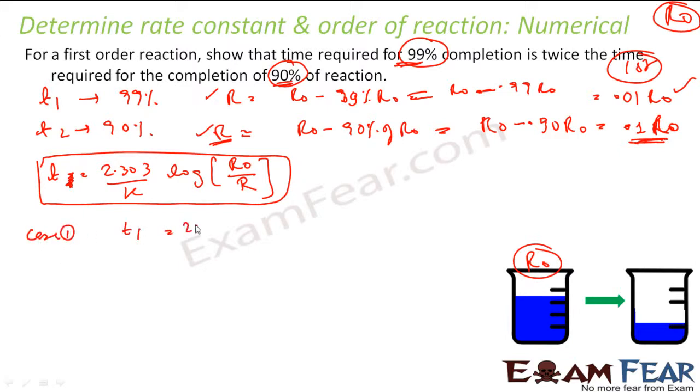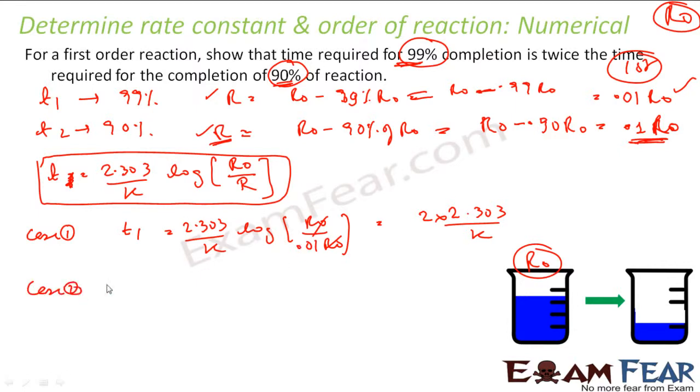T is T1, 2.303 by K, K will be the same, log of R0 by R. R is nothing but 0.01 R0. R0 cancels. This is nothing but 2 into 2.303 by K, because this becomes log of 100, that is nothing but 2.